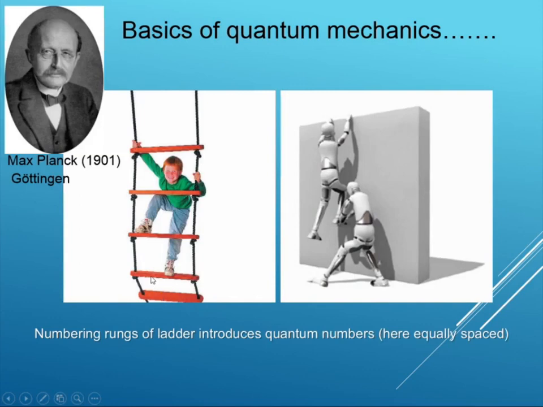This is one step, here another step, and another step, and so on. It is stepwise emission, not continuous emission. So energy is emitted in the form of packets or quanta. This is the basis of quantum mechanics, which was put forward by the great scientist Max Planck. I hope you understood this difference.